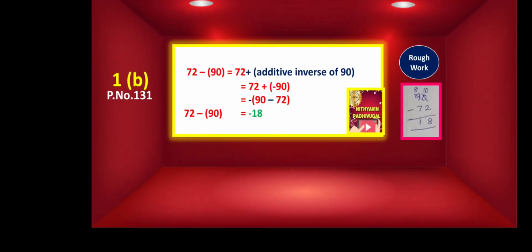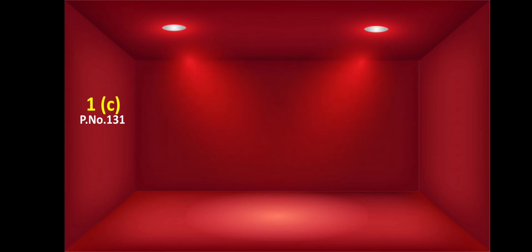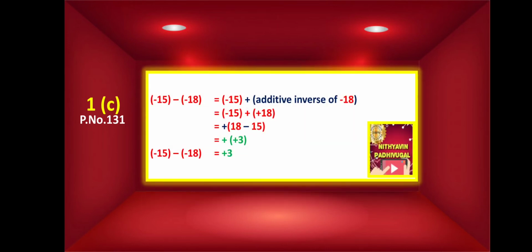You can refer to this while doing your classwork or homework or at the time of practice also. Let us see the next problem, 1C. Minus 15 minus minus 18. There is no separate rule for subtraction of integers, because subtraction depends upon addition of integers. So let us do it again. Minus 18 is to be subtracted from minus 15.